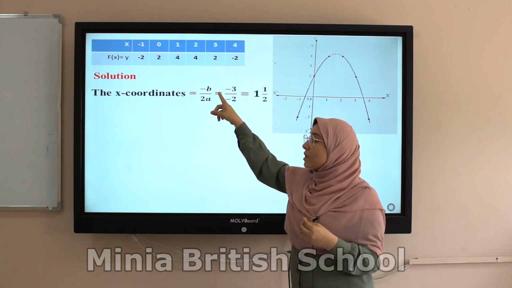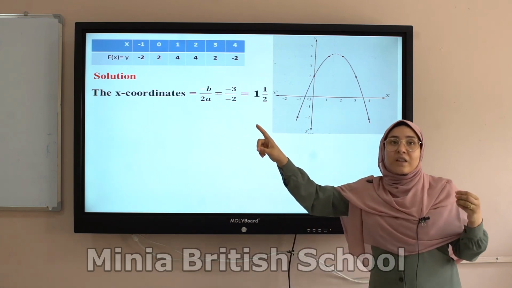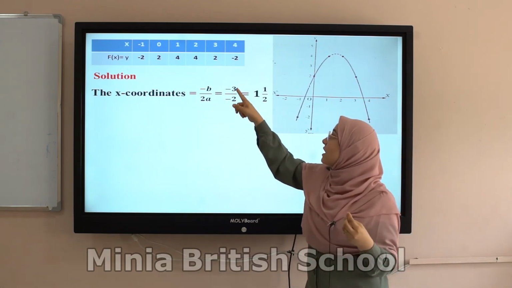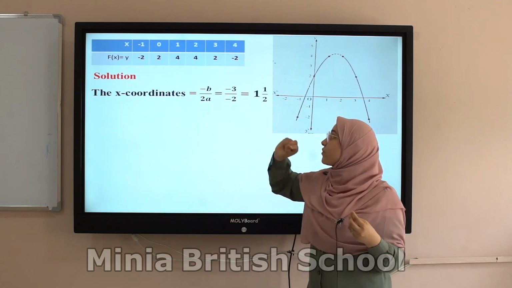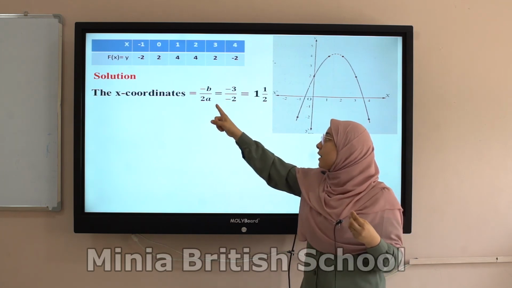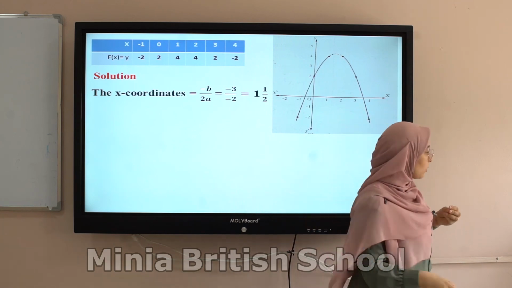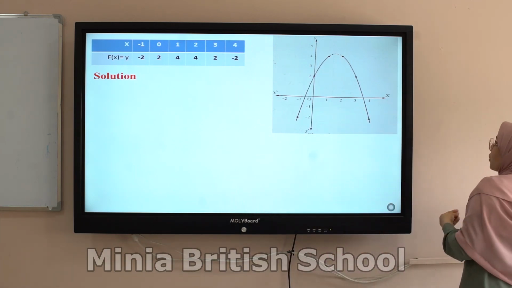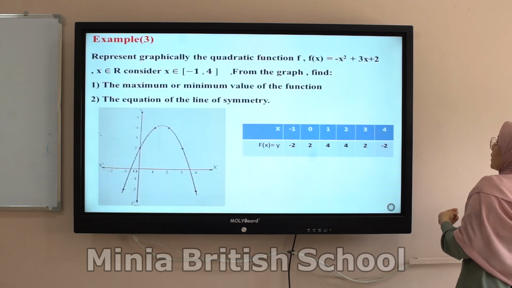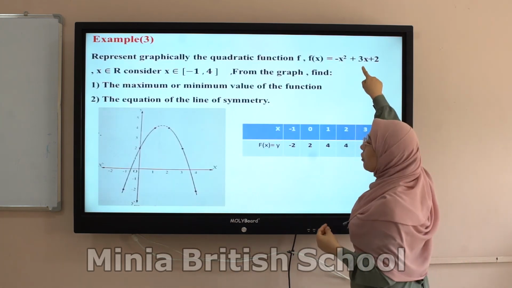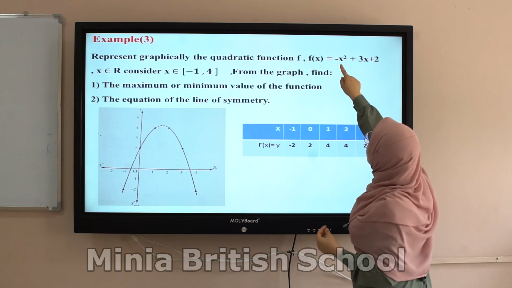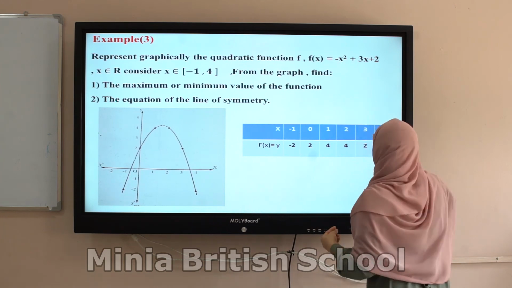The value of p here is 3, so negative 3, and the value of a equals negative 1 from the function rule, like this.